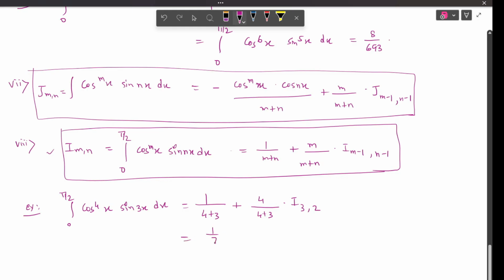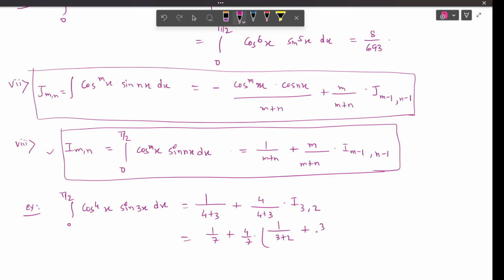So it will be 1 by 7 plus 4 by 7 into, again use the formula, in place of m we have 3 now, in place of n we have 2 now. So it will be 1 by 3 plus 2 plus 3 by 3 plus 2, I(3 minus 1, 2 minus 1), that is I(2, 1).